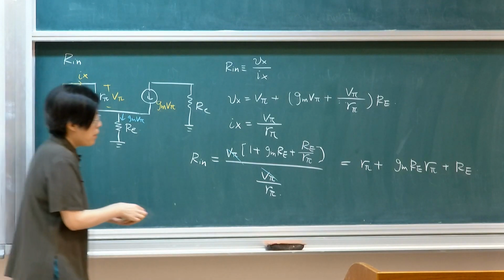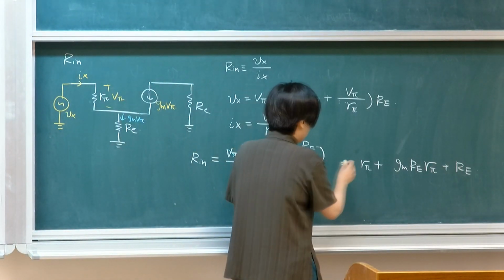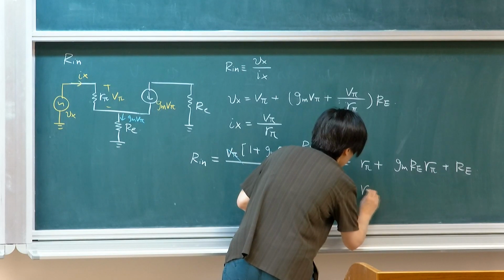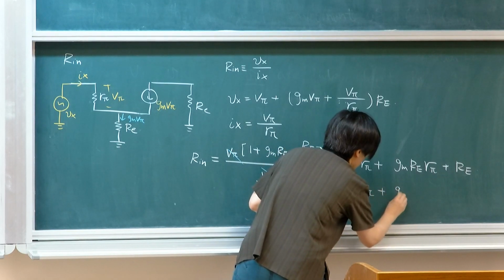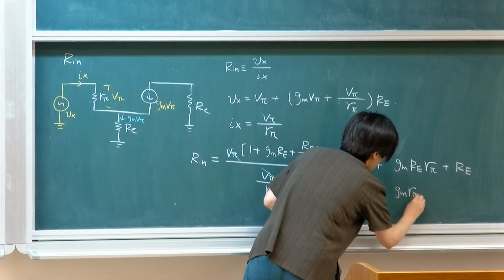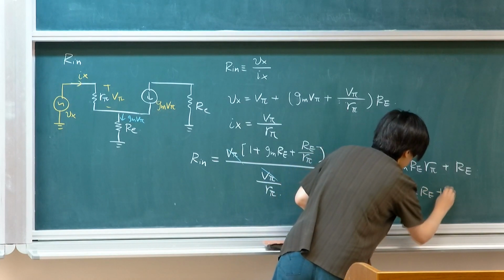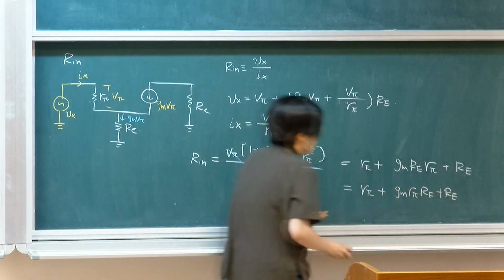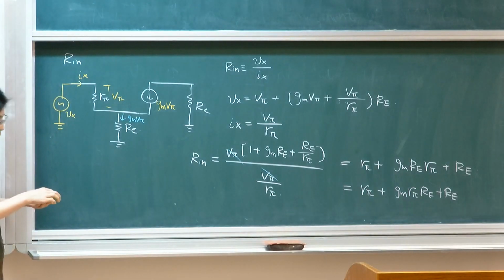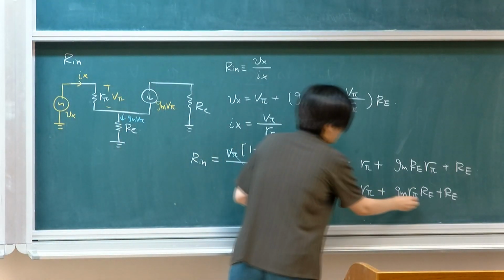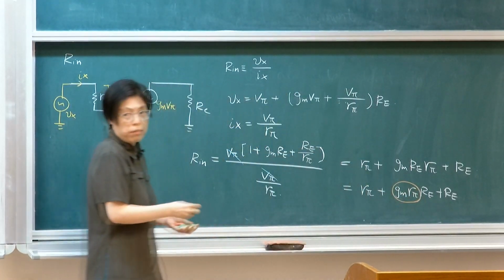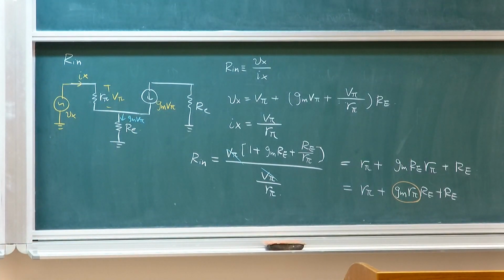So finally, we could actually make a small approximation. This is gm R pi RE. I'm not making an approximation yet. But then what is gm V pi? Let me write it down.